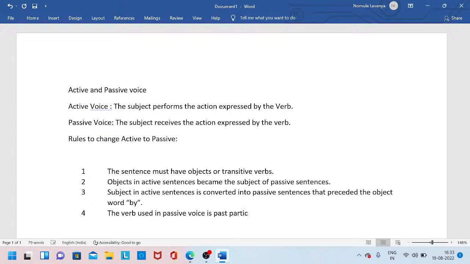So whatever verb we are using in the sentence, in the passive voice it should be a past participle.